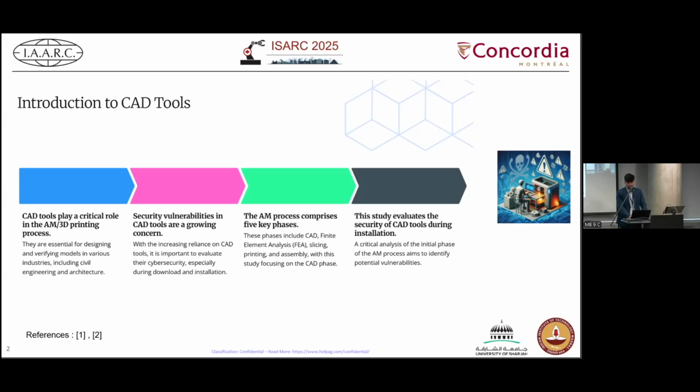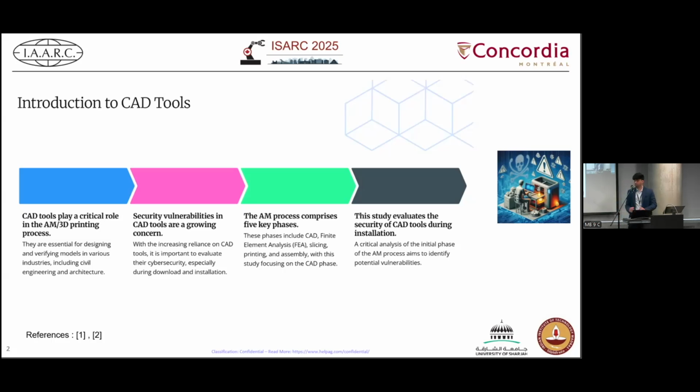As their adoption has also increased, especially among SMEs and individual users, we are also seeing a parallel rise in security concerns. Most notably, this particular research is focusing on the download and the installation phase of these tools and presents a vulnerable entry point of cyber attacks.